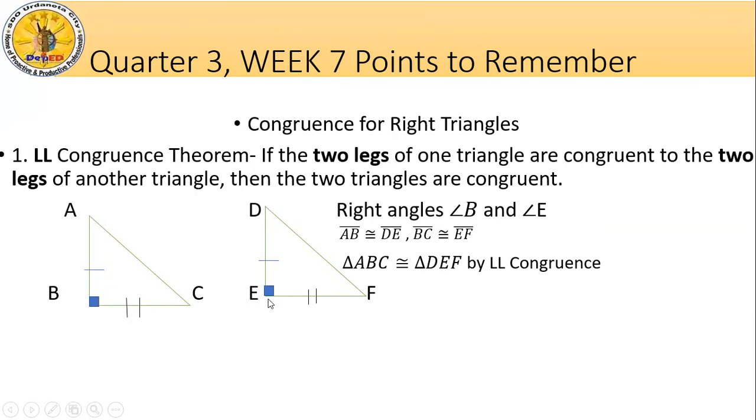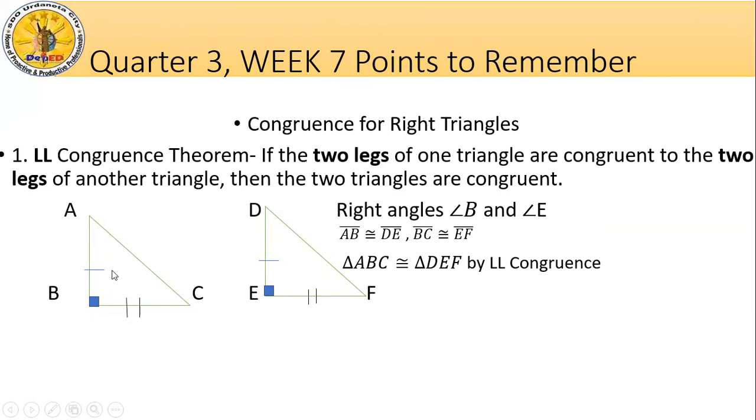These are congruent angles because all right angles are congruent. Line segment AB, which is a leg, is congruent to line segment DE, which is another leg. Line segment BC is also congruent to line segment EF, which is also a leg.